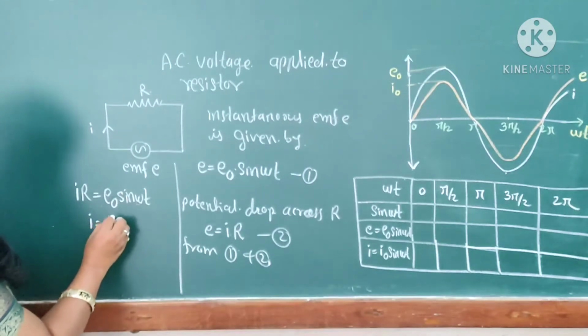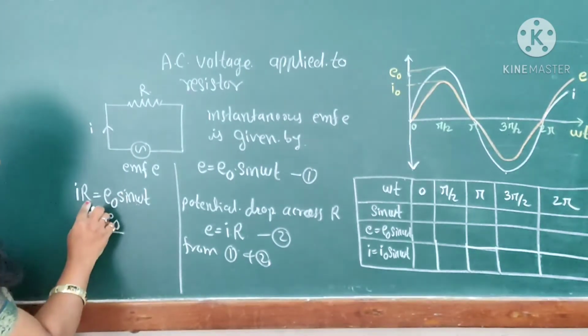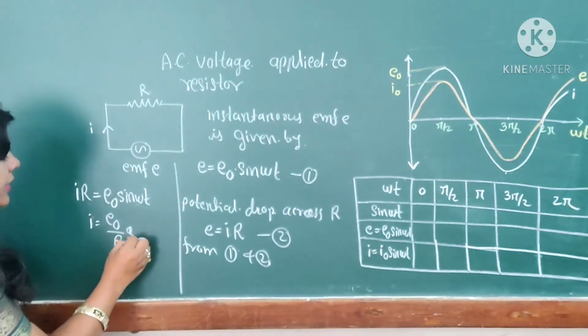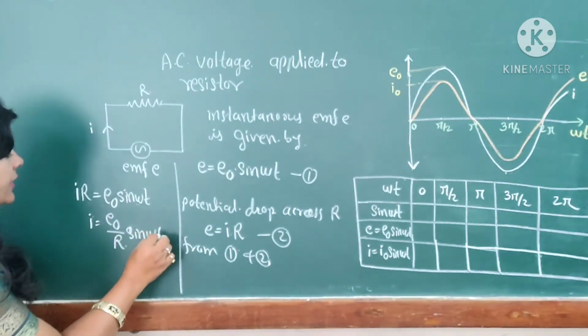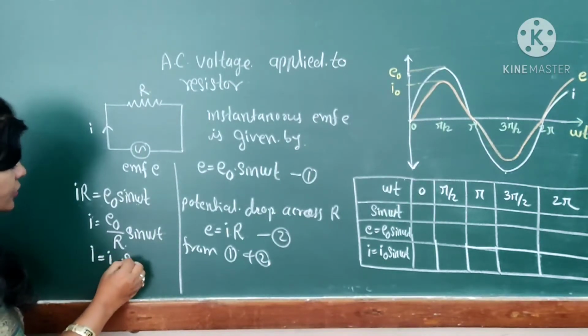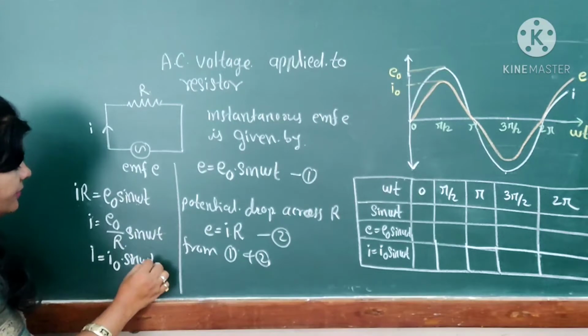Then I is equal to E naught divided by R into sin omega t. Then we write I is equal to I naught into sin omega t.